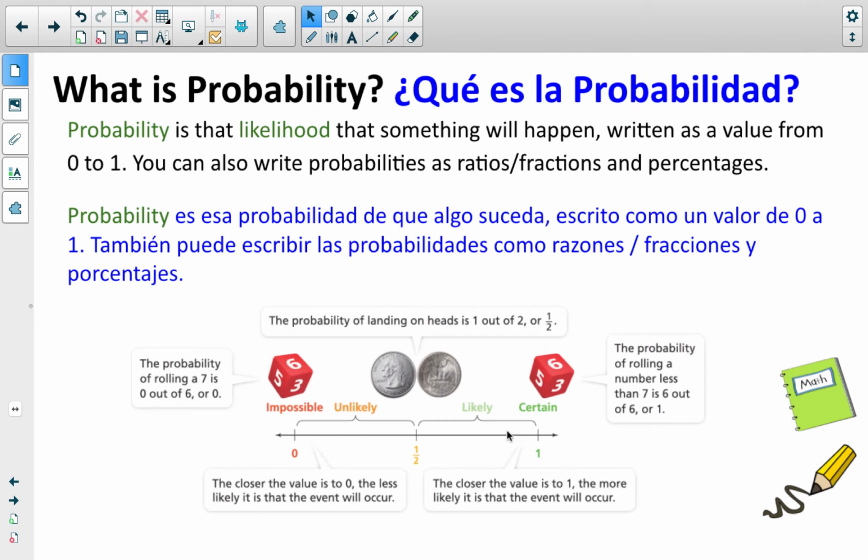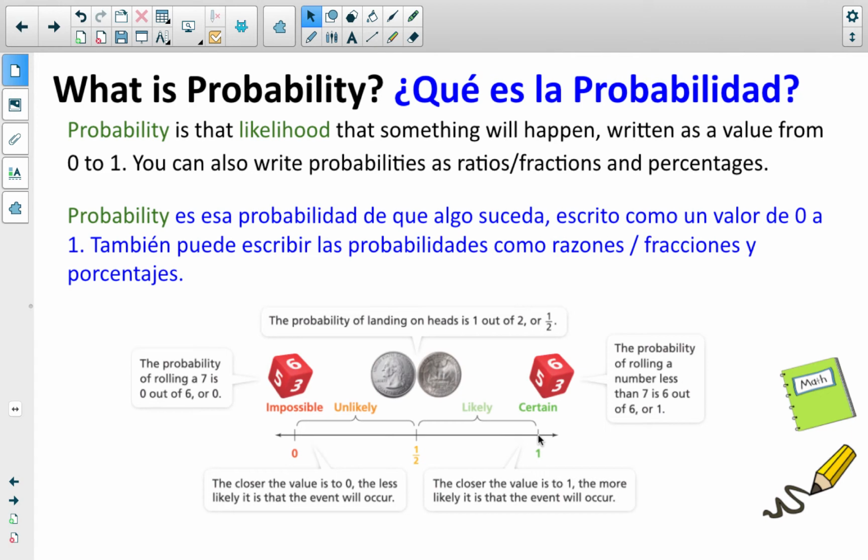Now, I'm going to go all the way to the opposite end. If it is labeled with 1, that is a certainty, 100% sure. So if 0 is 0%, 1 stands for 100% certain. So for instance, if we have that same die, rolling a number less than 7 is certain. Well, I'm going to be specific: rolling a whole number less than 7, because 6.8 is technically less than 7.